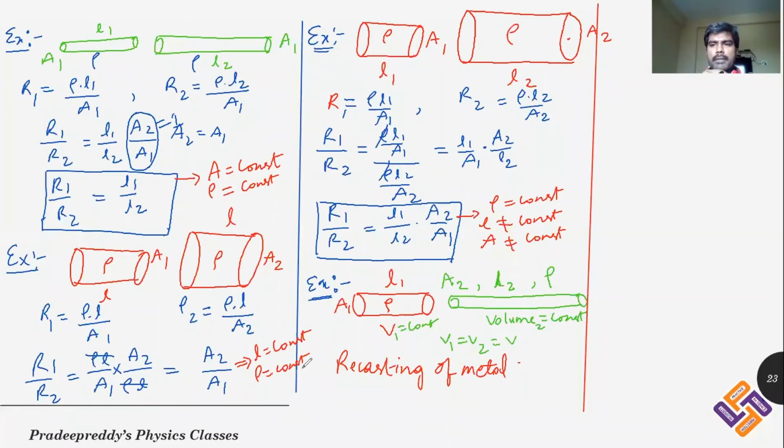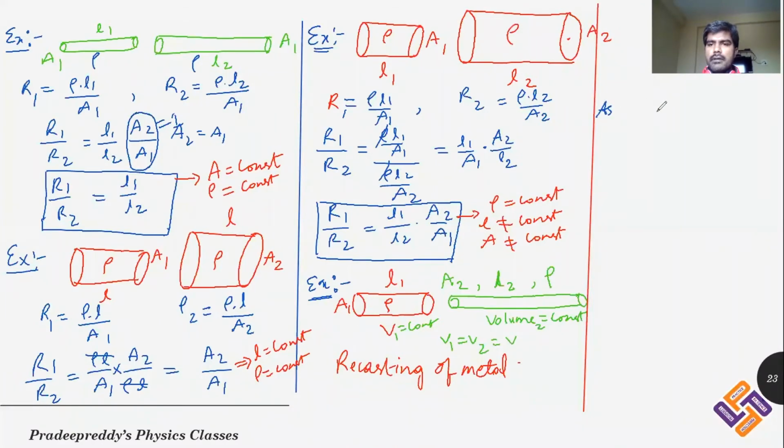Corresponding to that, it will have some area of cross section. What you are doing is elongating that conductor to 10 centimeter. As you are elongating the length, what happens to the area of cross section? Area of cross section would definitely decrease. Therefore, in this case, as length increases, the area of cross section decreases.